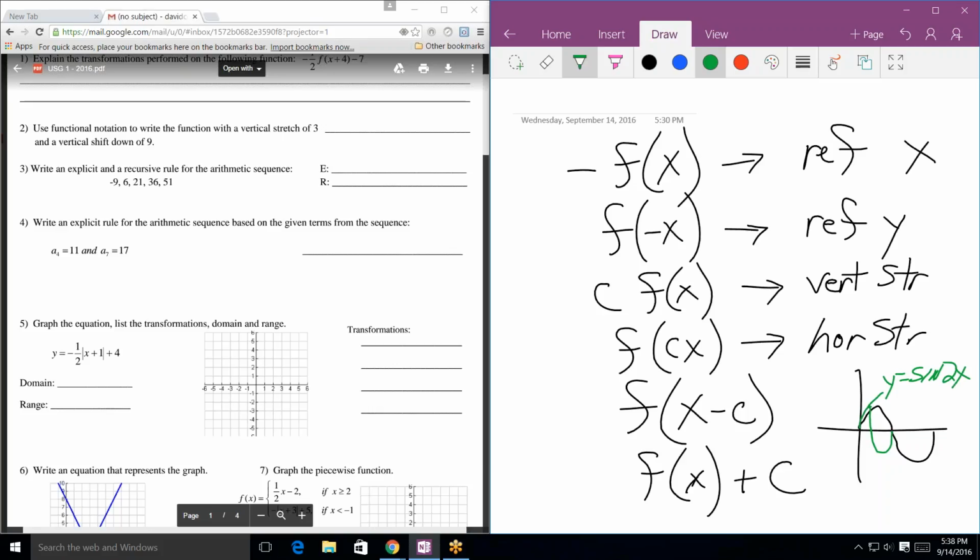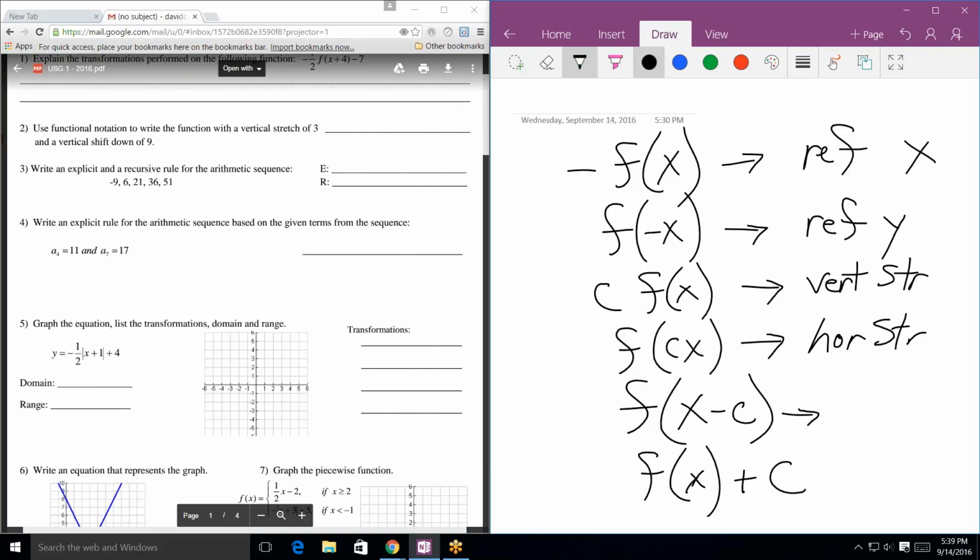In other words, the 2 is of this form here, so it's a horizontal shrink if c is greater than 1. And all you have to remember is that they're opposite, and that the vertical stretch is for c greater than 1, and the horizontal stretch is for c less than 1. Really, I mean, if you want to put it that way. What's this one at the bottom?